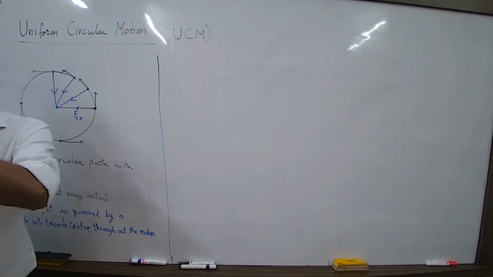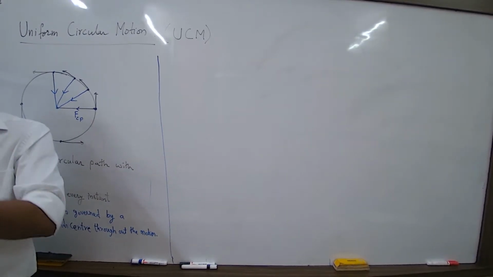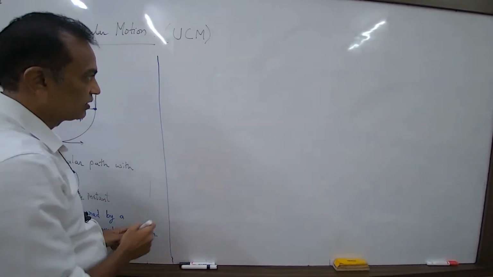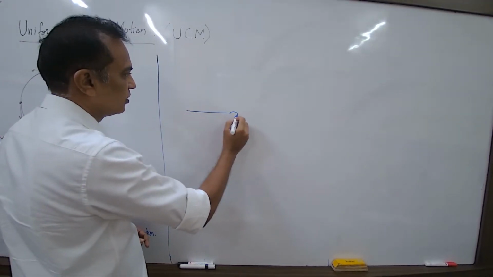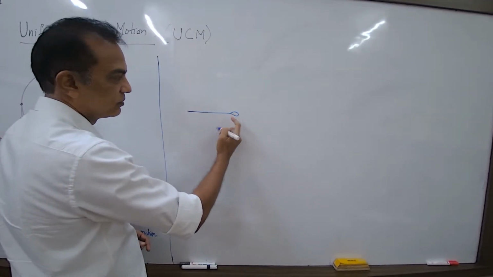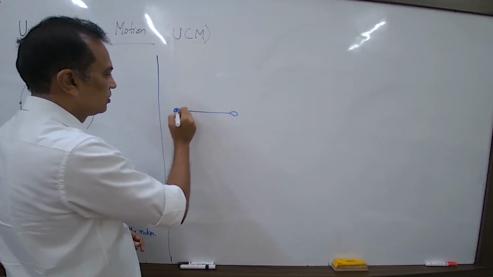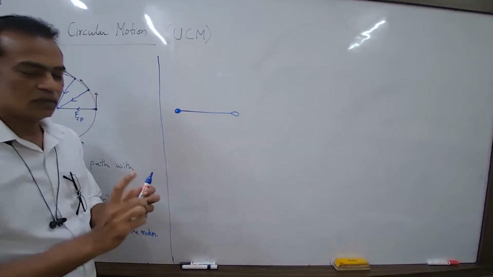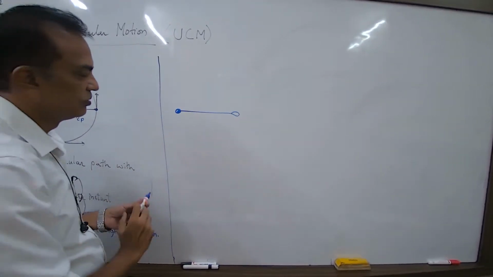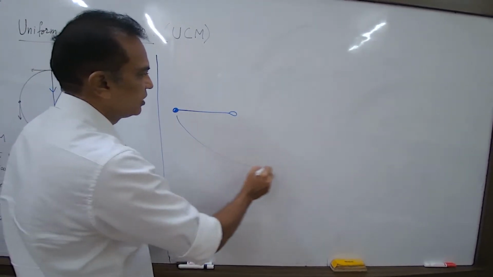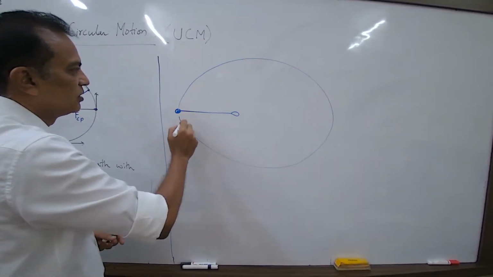Let us say it is something like this. You have a knot which is slipping on it. Okay, and you have a stone tied to it, like any ring. Okay, so now when you are rotating it, will it be wrapped?